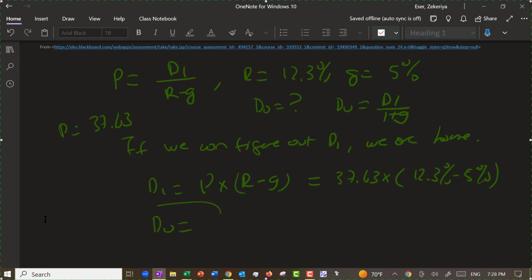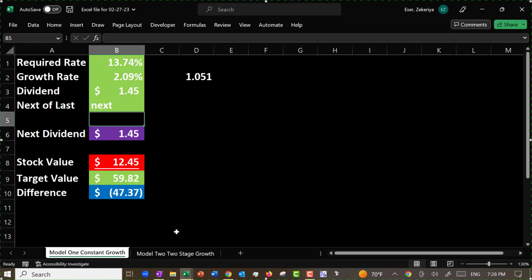Or you can actually do something mathematical. Mathematical in the following sense. My required rate of return, 12.3. I don't know the dividend, and whatever that dividend is going to be, that's going to be the last, okay? But I know what the stock price is. What was it? 37.63.